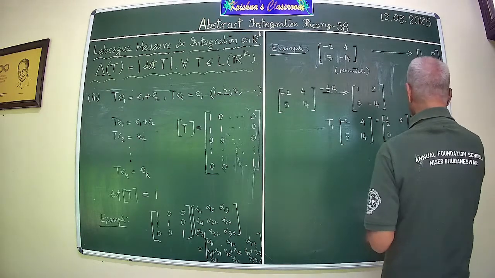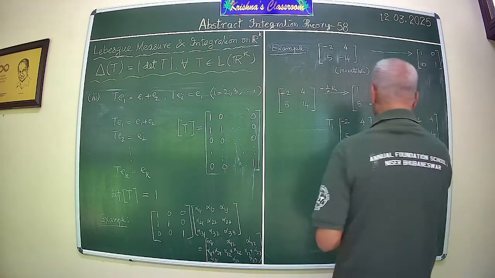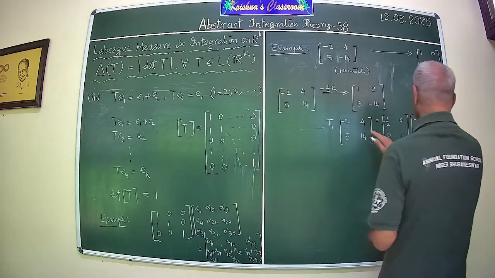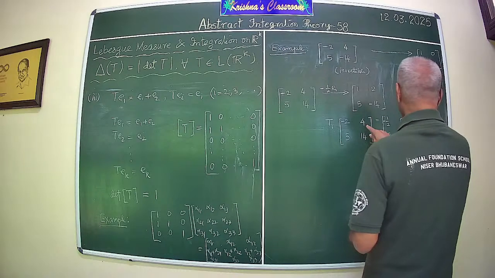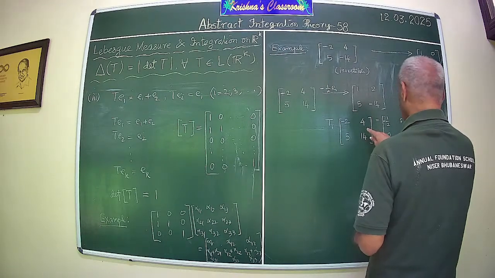So what do you get? This into this equal to minus 2, this into this equal to, what?